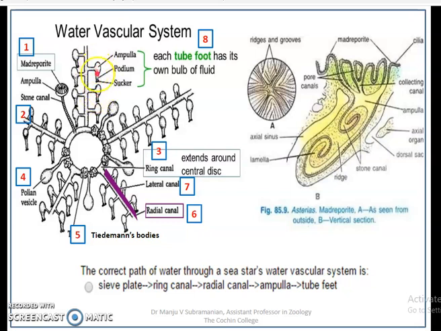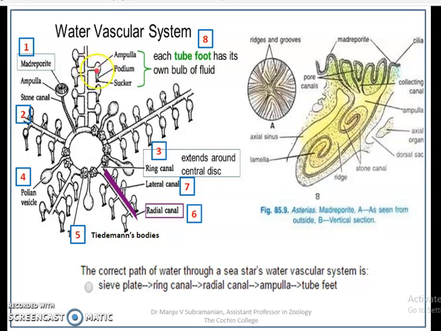The tube feet comprise 3 regions, mainly the ampulla, podium and the sucker.